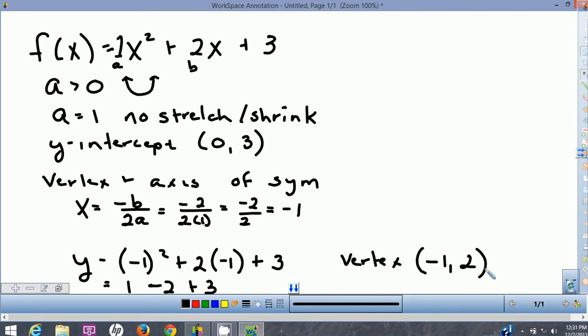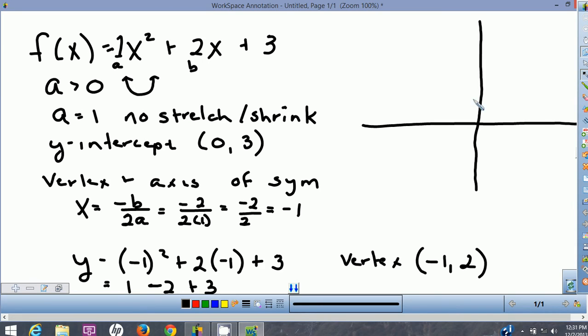So let's graph this. I'm going to graph a nice little coordinate plane here, and we'll mark off our units. And then let's talk about what we know. We're going to put these in units of 1. And you really should always label that so that somebody knows what they're doing there.